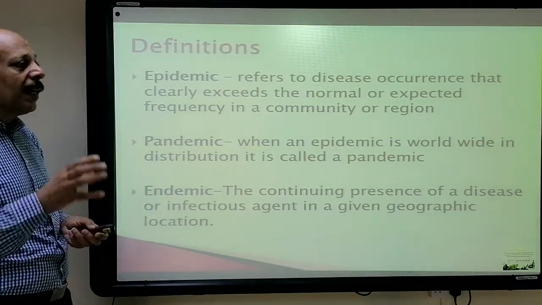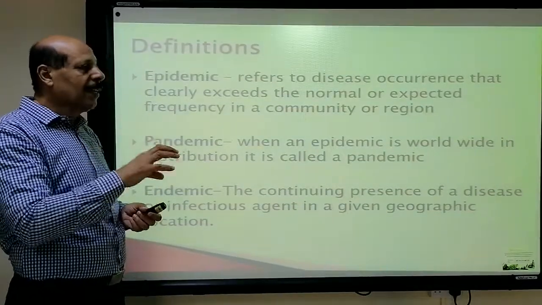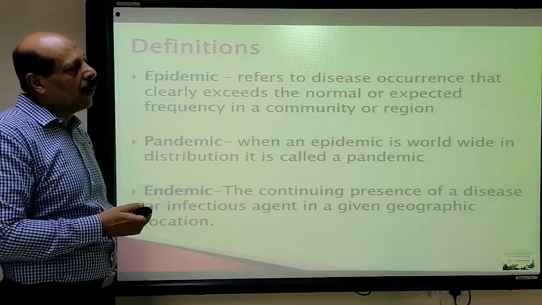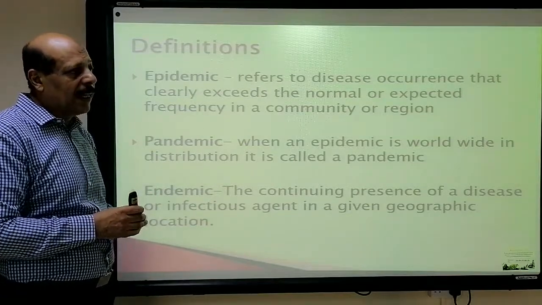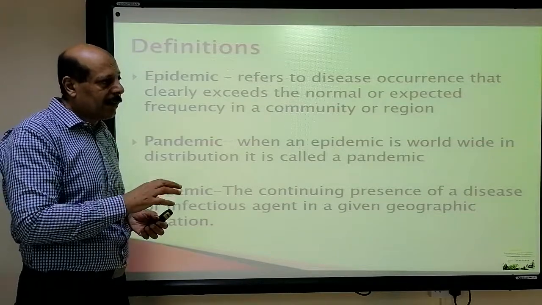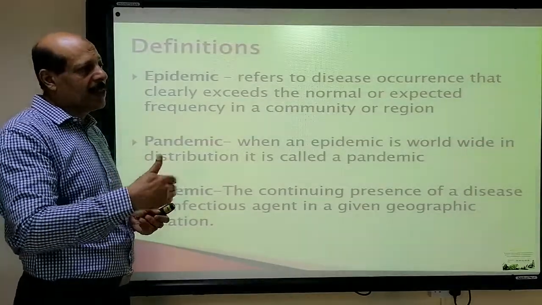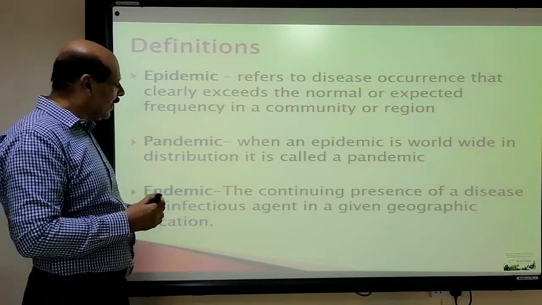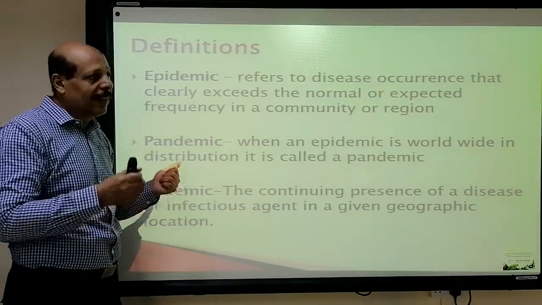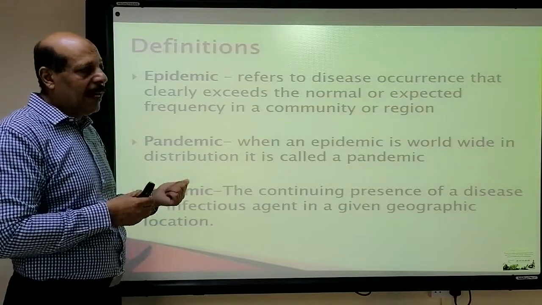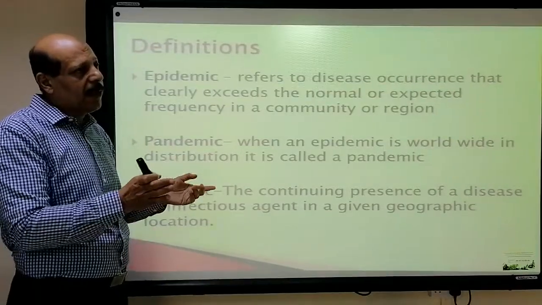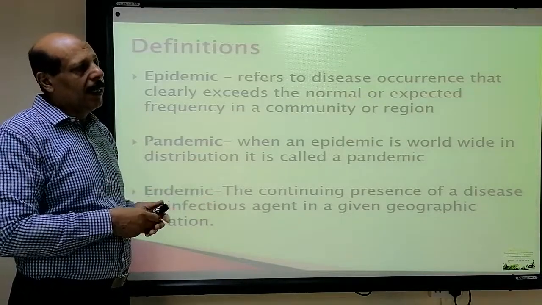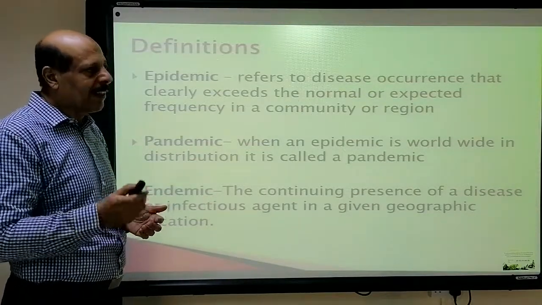So when a disease stays for a long period of time in a certain country or community, like malaria in certain countries, it is considered endemic. Malaria was endemic previously in the 70s, but it is eradicated now in Oman.